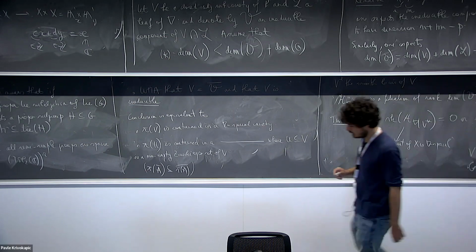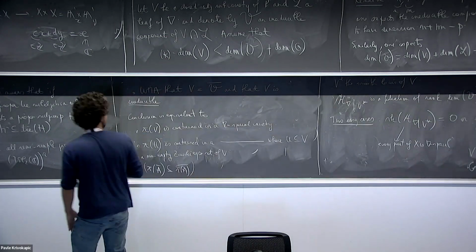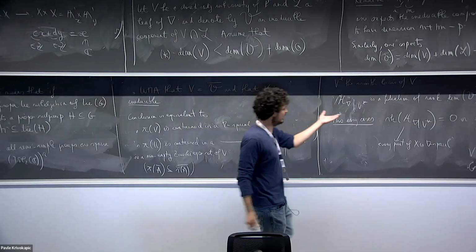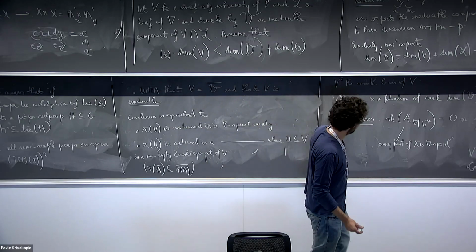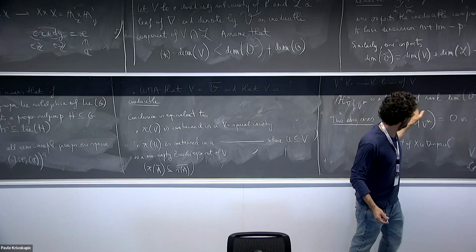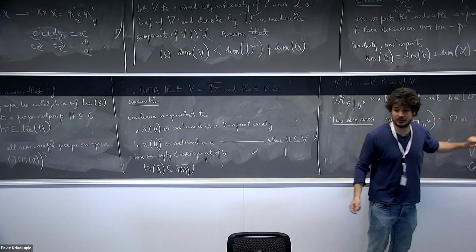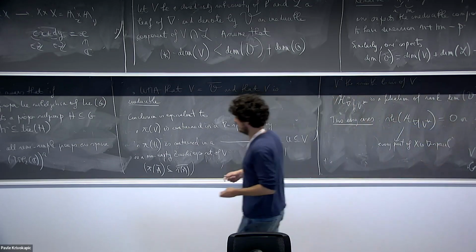Okay. So in which situation are we? The interesting case is when this foliation has rank between 1 and the dimension of X minus 1.